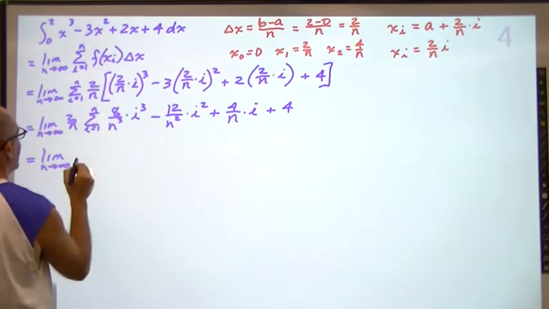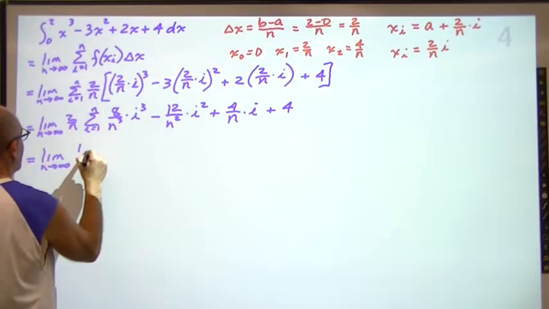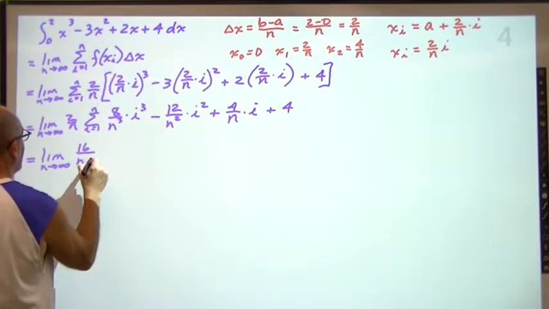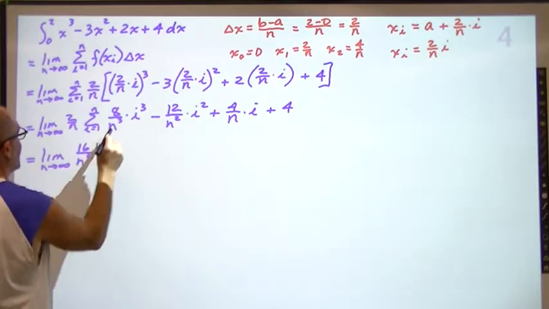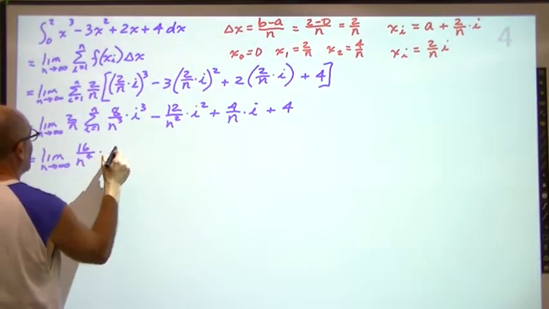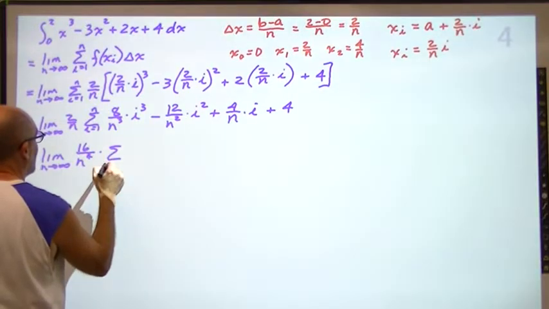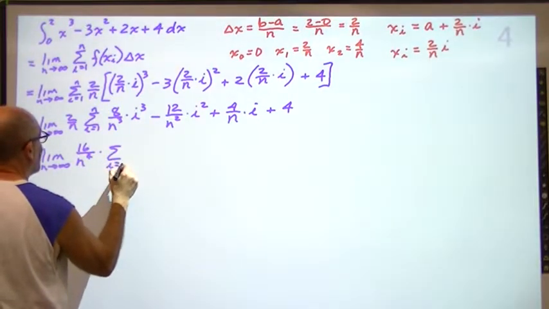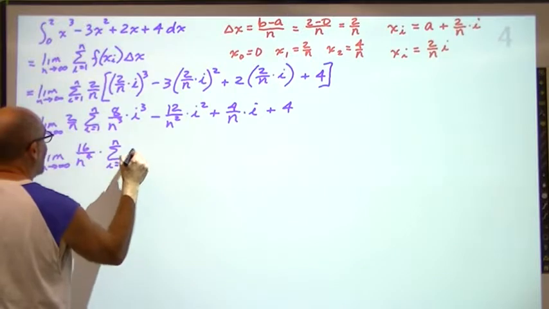Well, what do we have here? 2 times 8, which is 16, over n times n cubed, which is n to the fourth, times the summation from i equals 1 to n of i cubed.